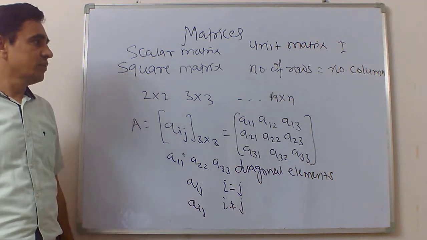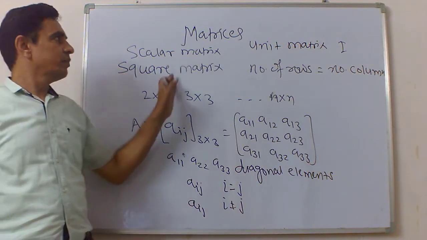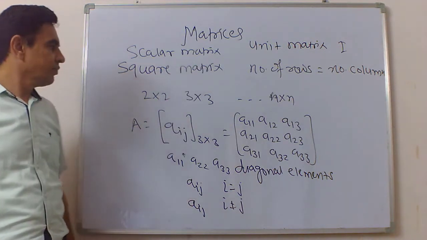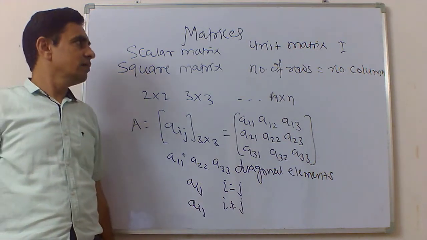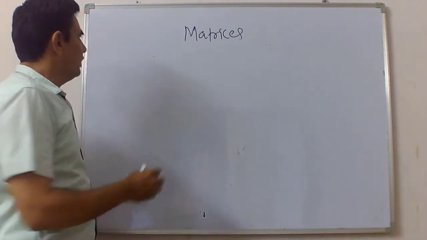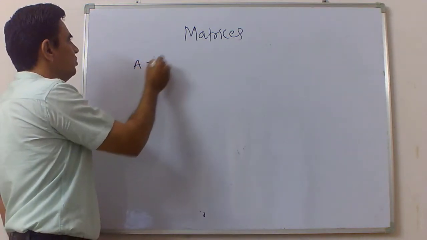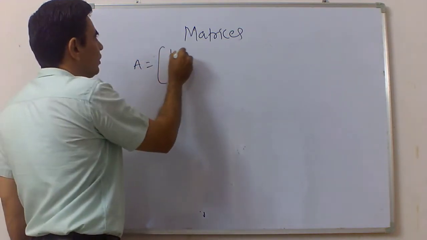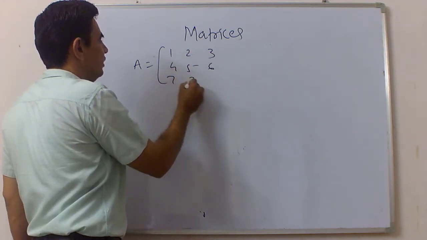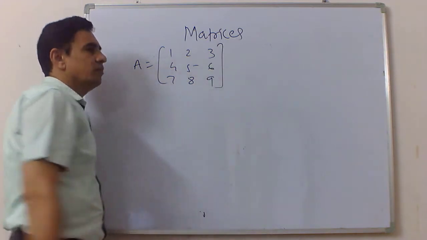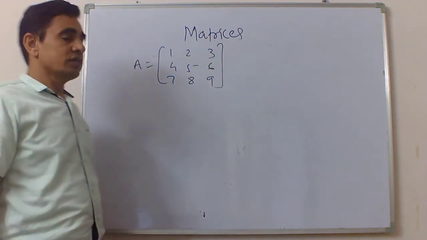Other types are also there. After the unit matrix, we see symmetric and skew symmetric matrices. Before that, we see the transpose of a matrix. A is equal to the matrix 1, 2, 3, 4, 5, 6, 7, 8, 9. We know this is a 3 by 3 order matrix. It is a square matrix.